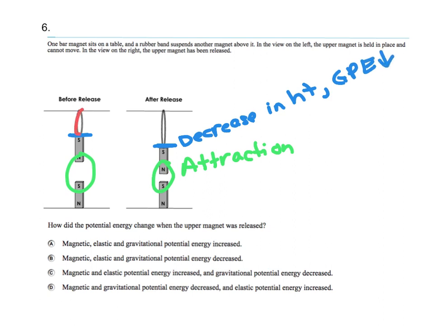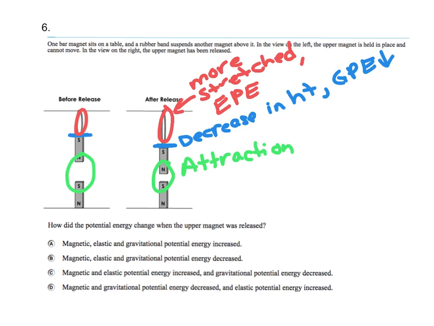If we take a look at the rubber band, we notice that the rubber band becomes more stretched. As the rubber band becomes more stretched, that causes elastic potential energy to go up.